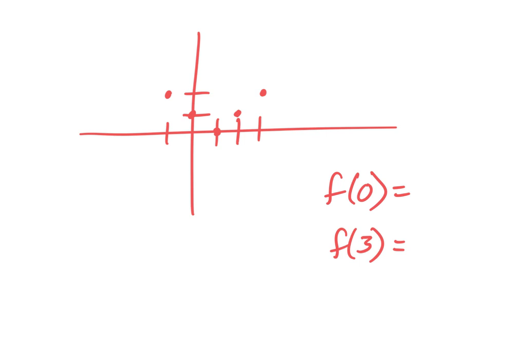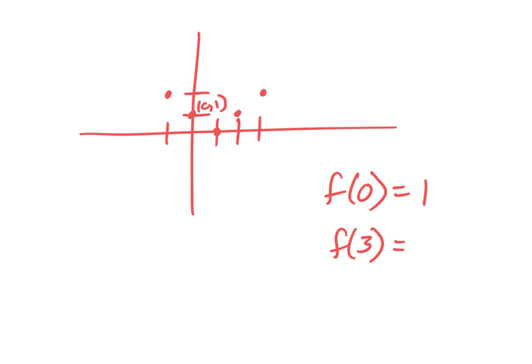So all we got to do is look at the ordered pairs, right? So if I were to plug 0 in for x, what do you think the y value would be? How come? Chloe, what do you think? The dot. Yeah, the dot, right? Because right here is the ordered pair 0, 1. So when x is 0, my y value is 1. So this ordered pair right here is identified as 0, 1. So we're just going to say f of 0 equals 1, right?